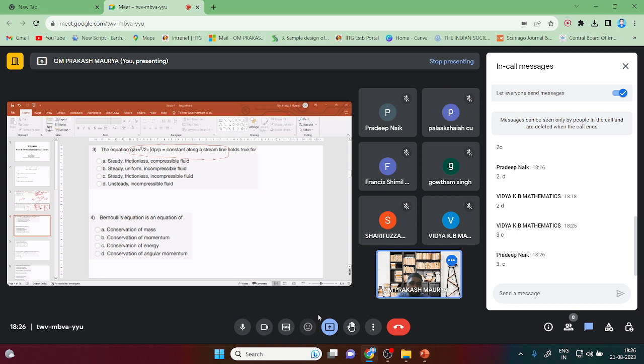For question number 3, Vidya and Pradeep are telling option C is correct. Okay, option C is correct. How C is correct, I will discuss. Don't worry, Francis is also telling. What is the difference between uniform flow and steady flow, sir?